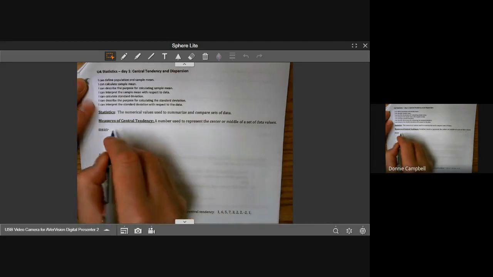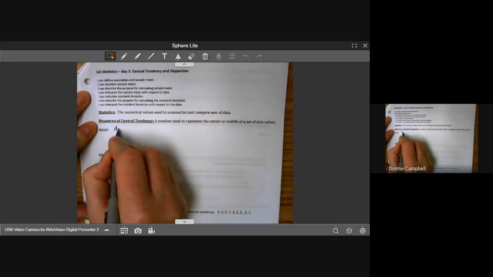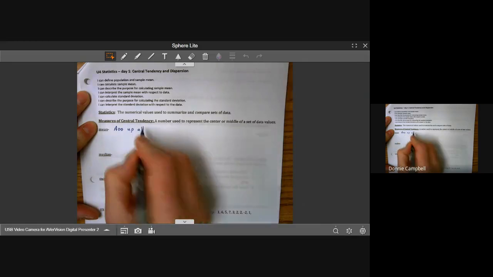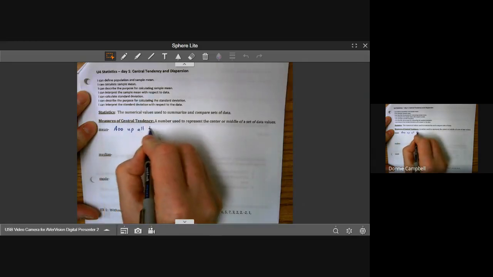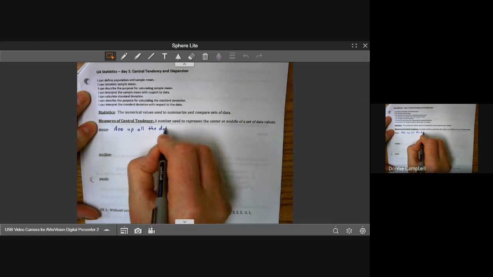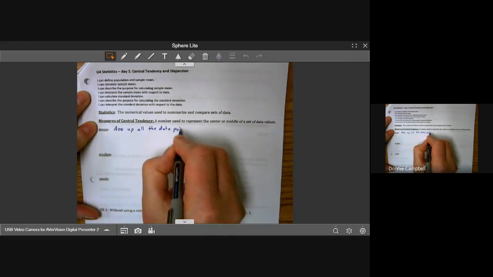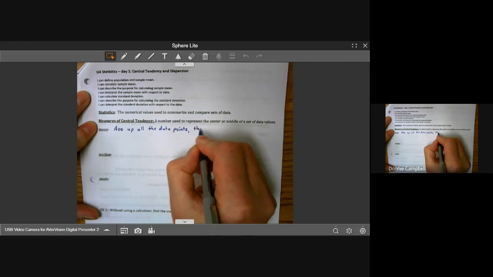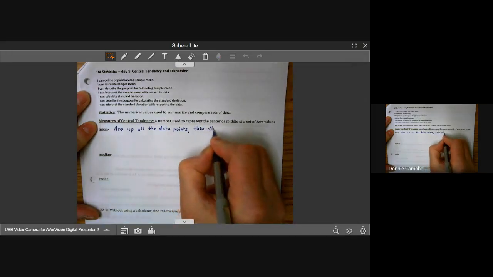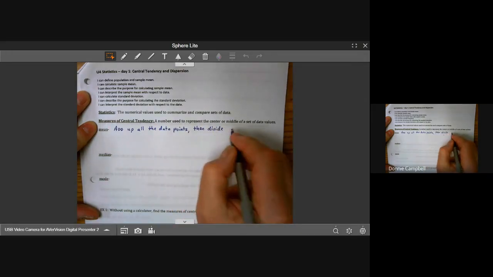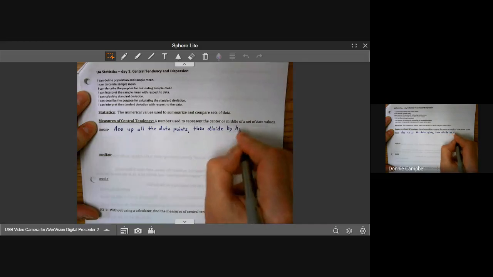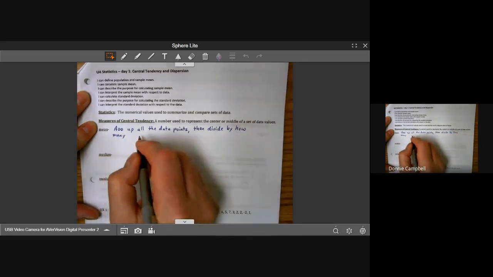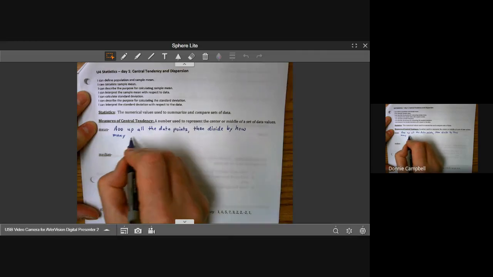So the mean is you add up all the data points, then divide by how many data points you have.